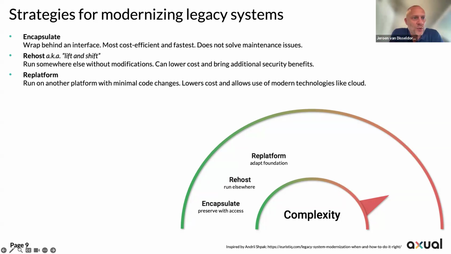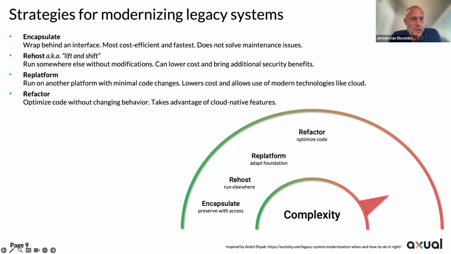A third way to handle legacy systems is to re-platform them, which means effectively running them on a different platform with minimal code changes. So some code changes may be necessary to run it on something else, but it's really minimal. Overall, this can lower cost and allow the use of modern technologies like cloud environments.